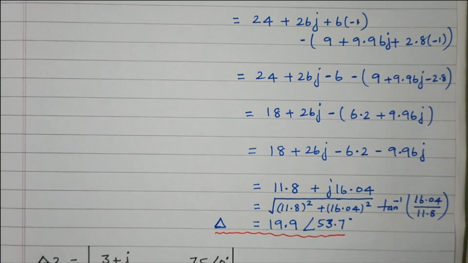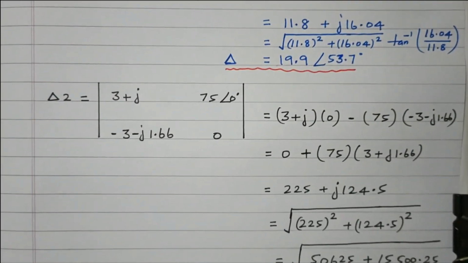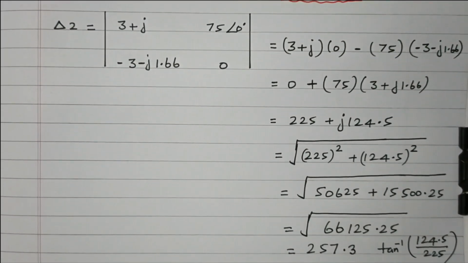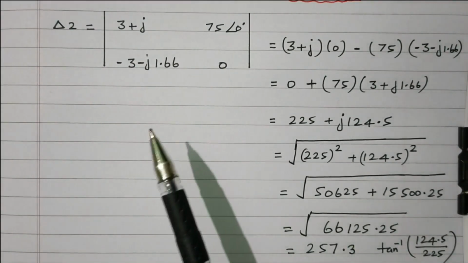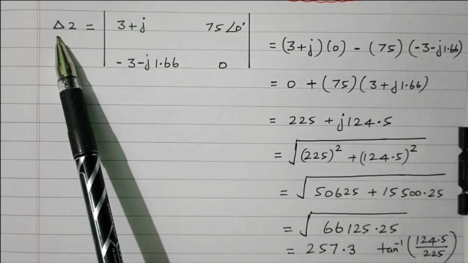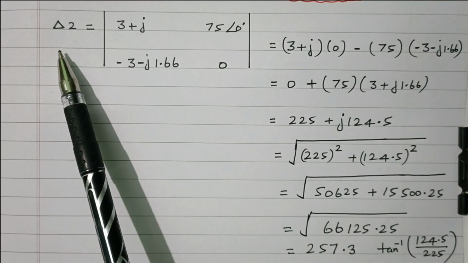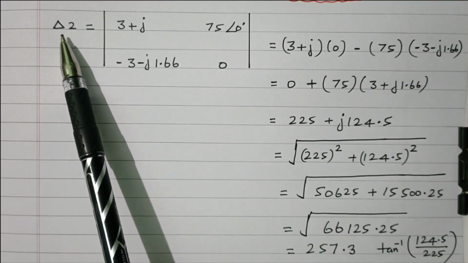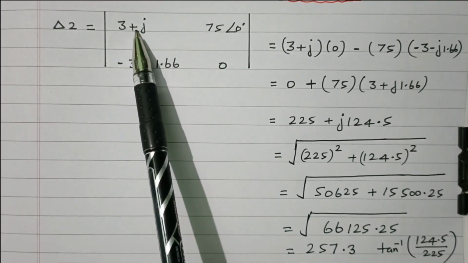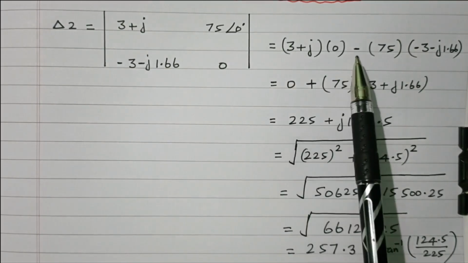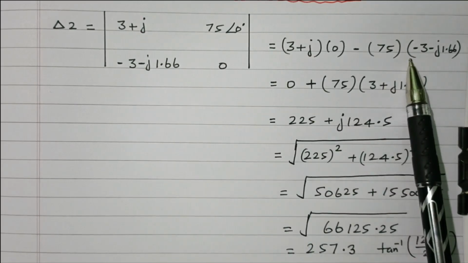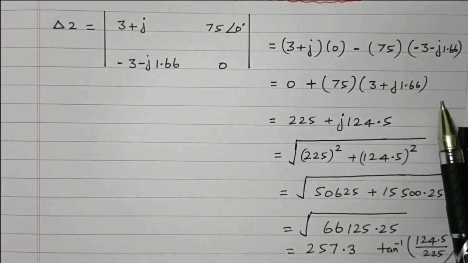Next we need to find delta 2. I2 is equal to delta 2 divided by delta. So we need to find delta 2. What we need to do: the second column is replaced by the voltage matrix, that is delta 2. Delta 1 is not needed. What we need is only I2, so we are calculating only delta 2. Now we have to multiply these two. 3 plus j into 0 minus 75 into this term, 75 into minus 3 minus j1.6.